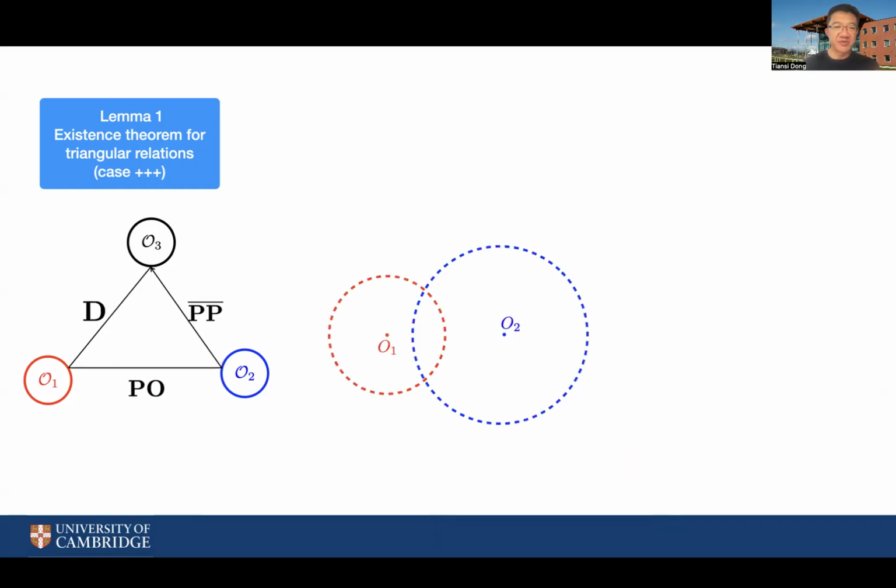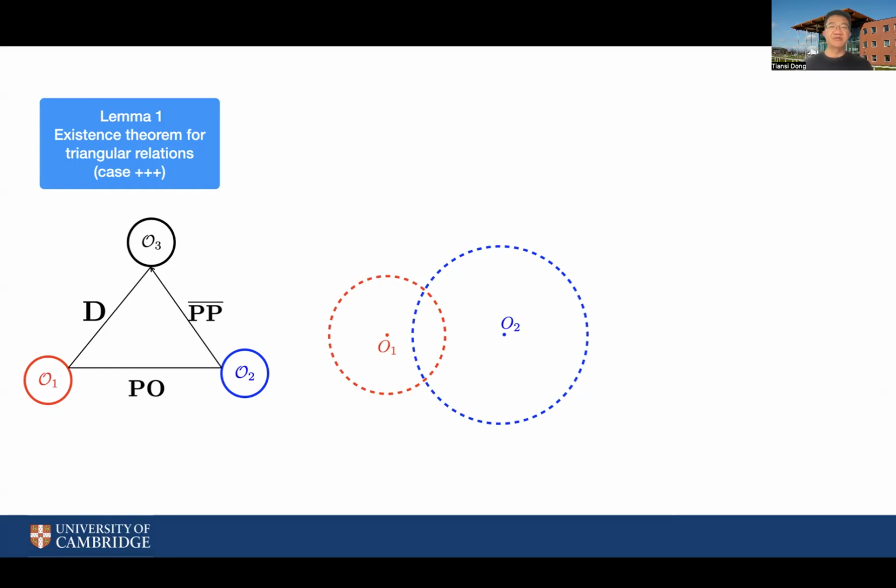We take one example. We have three spheres, sphere 1, sphere 2, sphere 3, satisfying three relations: X1 partially overlaps with X2, sphere 3 is disconnected from sphere 1, and sphere 2 should properly contain sphere 3.